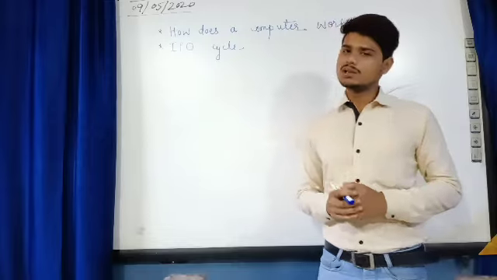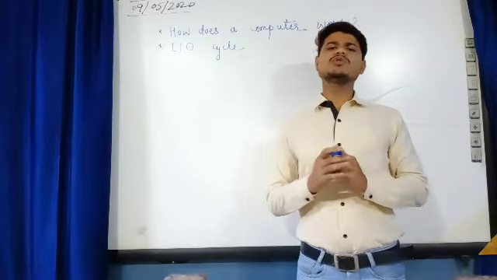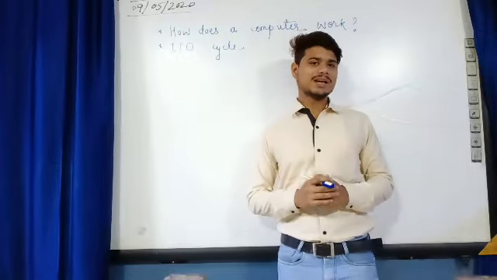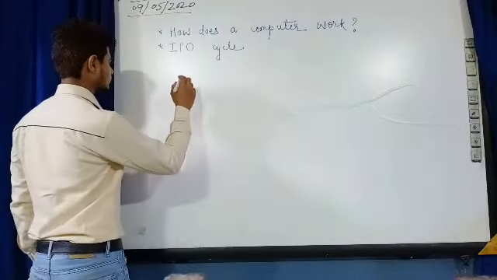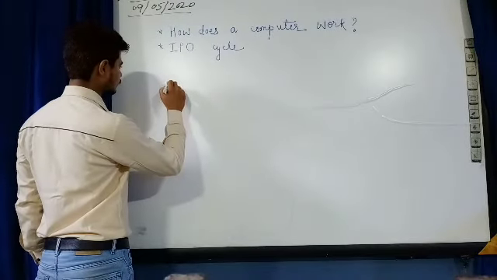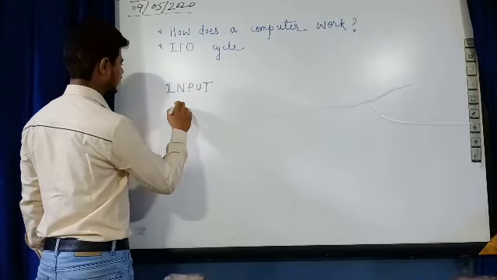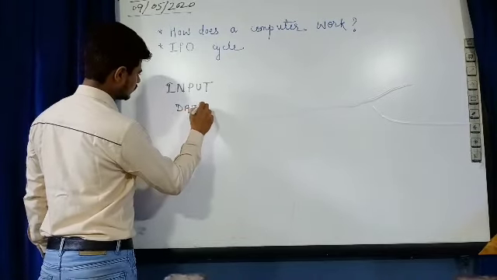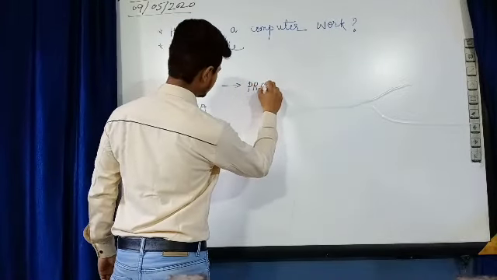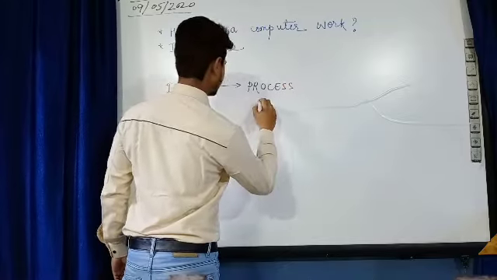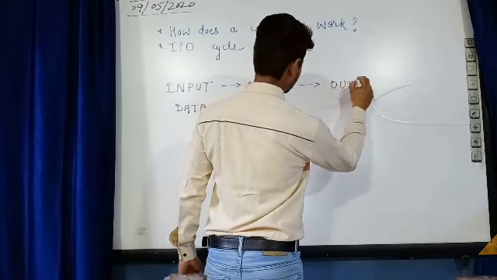So students, to do any work on the computer, we just have to follow three simple steps. And these steps are: input, that is the data; process; and the third step is output.